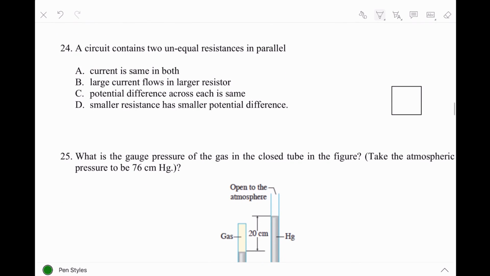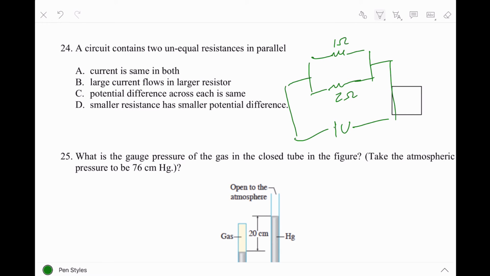Number 24. A circuit contains two unequal resistances in parallel. Look at here. If this is 1 ohm and this is 2 ohm, they are unequal. If they have 1 volt as a potential difference, what's the current? The current here is 1 amp. The current here is 0.5 amp, because of Ohm's law.